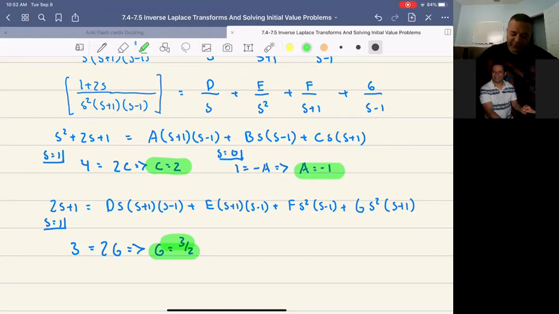For the other one, s equals 0 gives us 1 on the left, and on the right-hand side 0, 0, 0, so we have -2e. So e is -1/2.